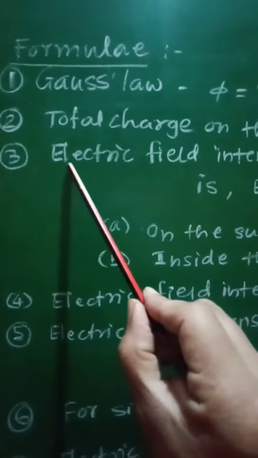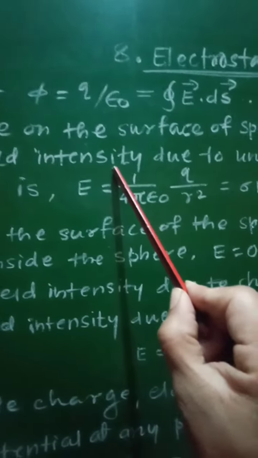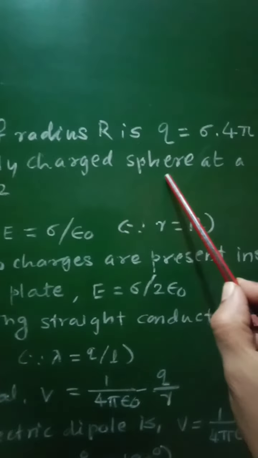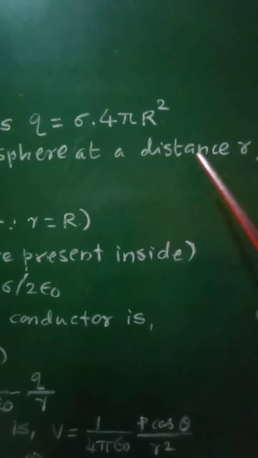Third formula gives electric field intensity due to uniformly charged sphere at a distance equal to r.